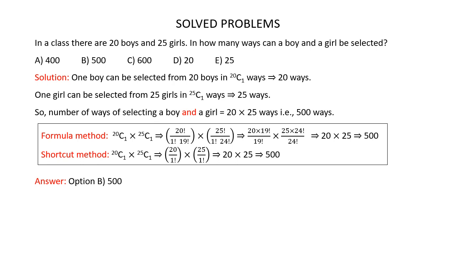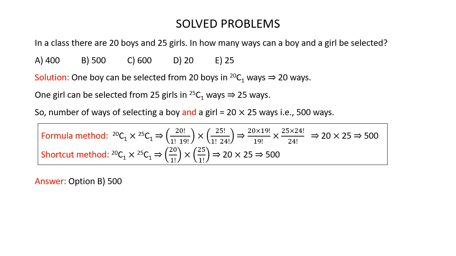Now you can solve this problem using the formula method or the shortcut method. Now let's look at the formula method first. Now you can select one boy from 20 boys in 20C1 ways, and "and" is multiplication, and you can select one girl from 25 girls in 25C1 ways. Now you can find the value of 20C1 multiplied by 25C1 using the formula.